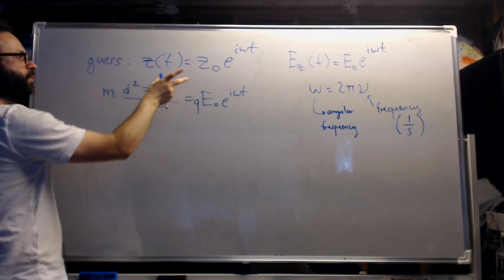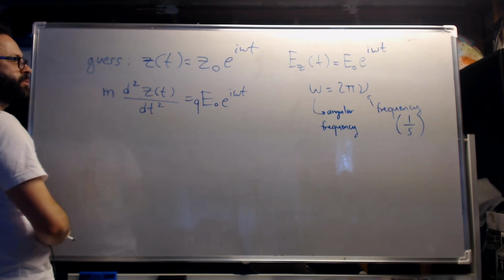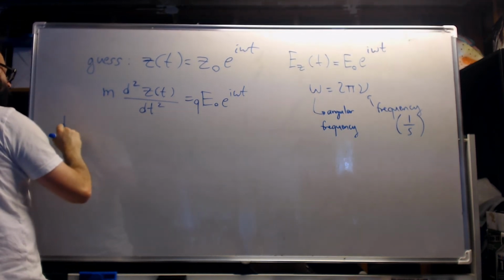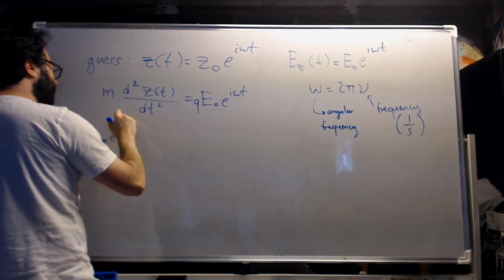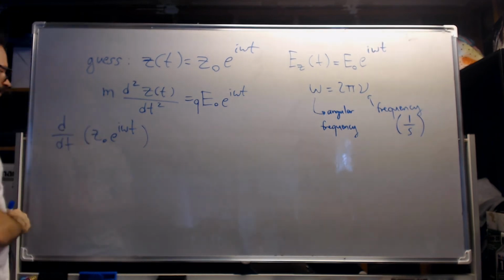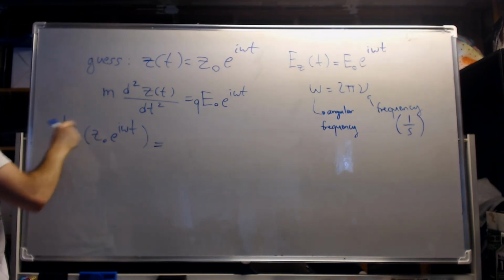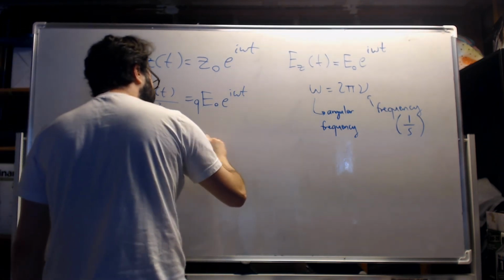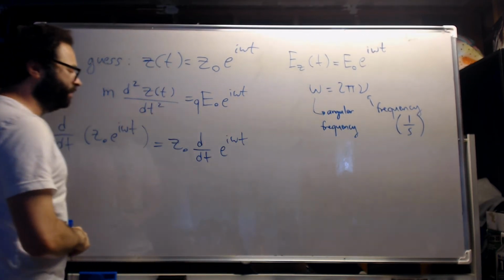And so let's do this. The way we do this is, if we've guessed what the solution is, this tells us what to do: take two derivatives with respect to time. Let's take the first derivative, d/dt of z naught e to the i omega t. First, this is a constant, so the derivative goes right through it, and we have z naught times d/dt of e to the i omega t.